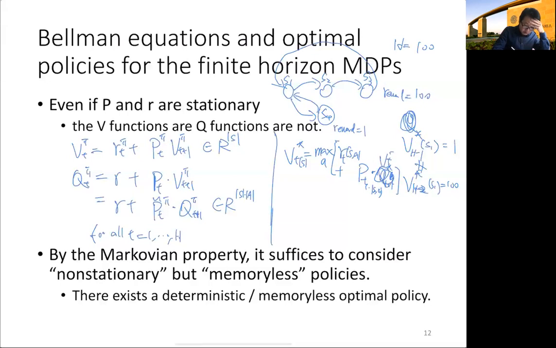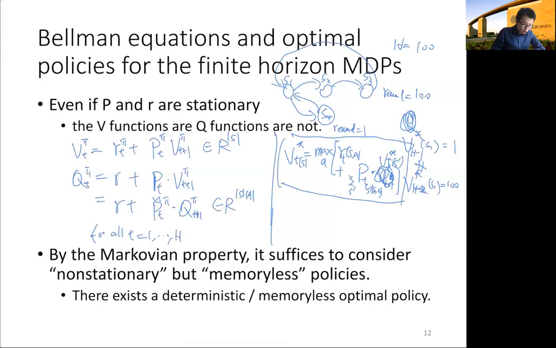I think the V_t star function is enough. Okay, so that would be the Bellman optimality condition, and you can work out the Bellman optimality condition that depends on the time t for the Q function as well.